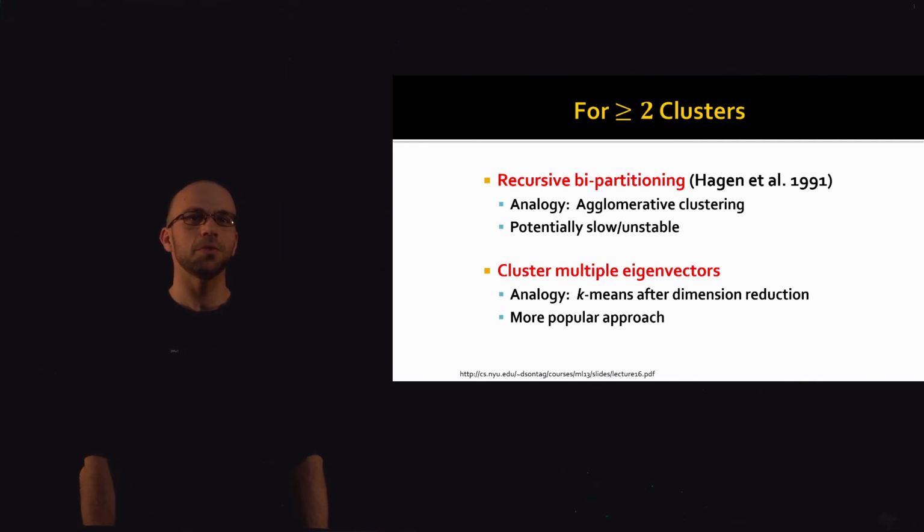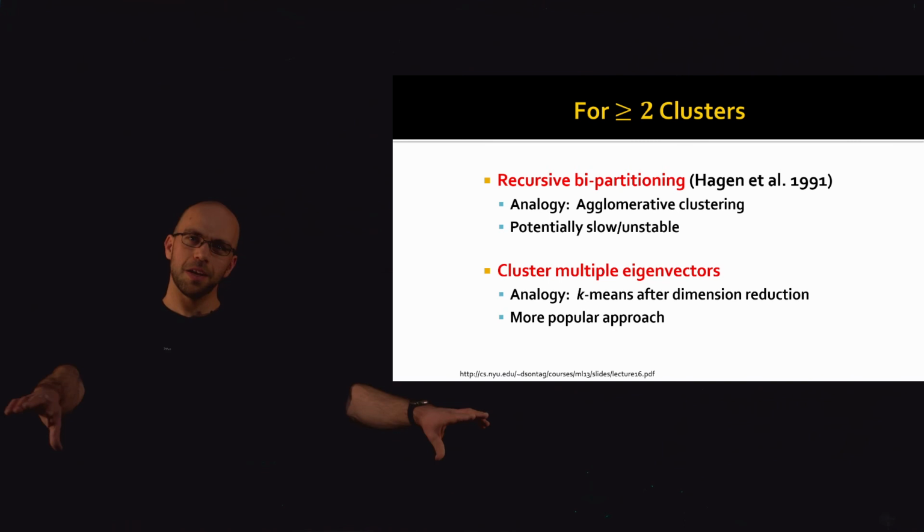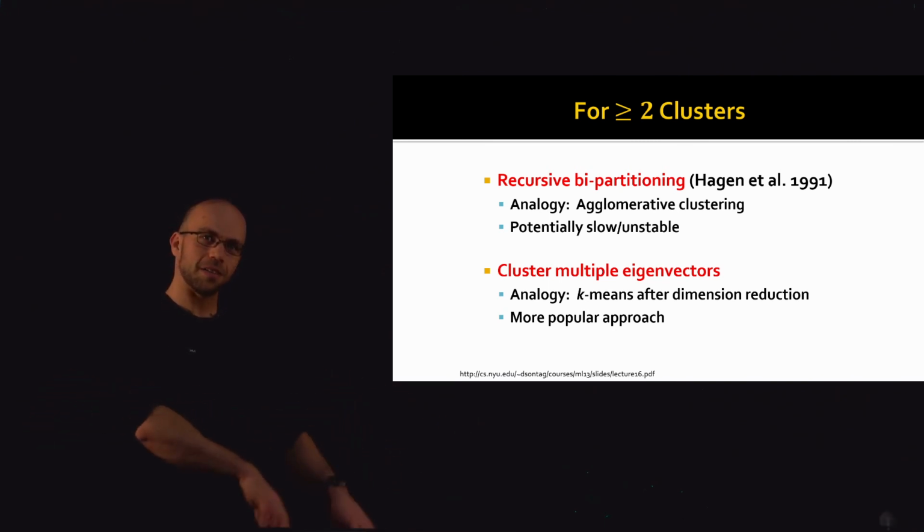Here are 2 different ways that people do this in practice. One is called recursive bipartitioning, which is kind of like agglomerative clustering maybe. A very simple strategy would be to split my data set into 2, split those things into 2 each, and so on.